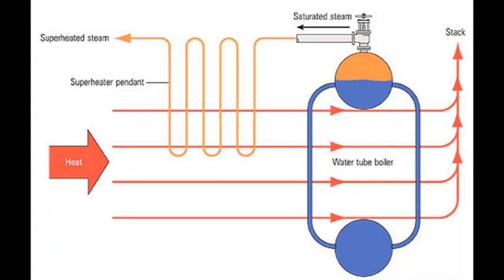So we get a water-steam mixture which again enters the drum, and while entering there is a separating arrangement which separates the water from the steam-water mixture. The separated steam in saturated condition comes into the steam space, and from there is an arrangement to dry this steam and clean it from moisture, and dry saturated steam comes out of this to go for superheating.